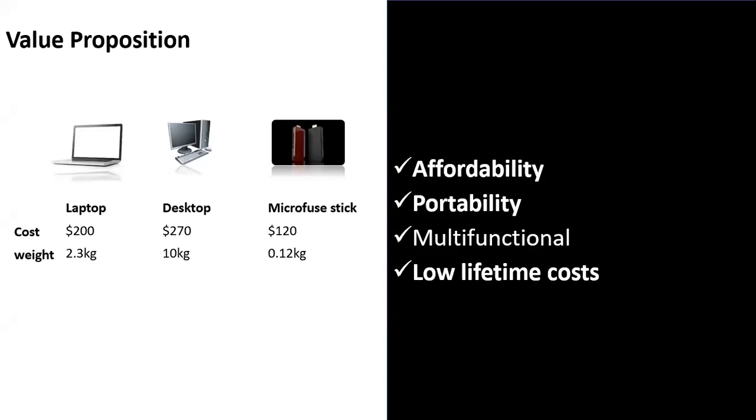When you plug in, it is affordable, it is portable, it is multifunctional, it has low lifetime cost. So when somebody looks at it and compares, they will say, I think this is worth my money. Okay, so that is how you present your value proposition.